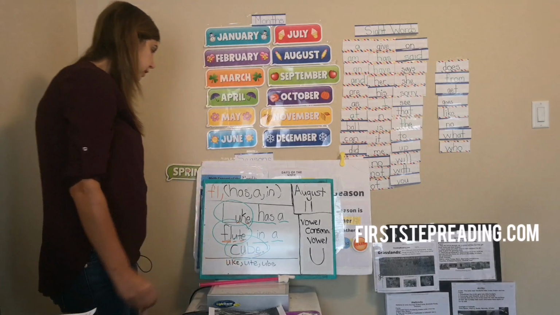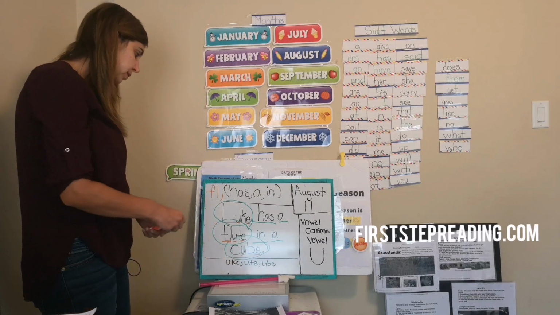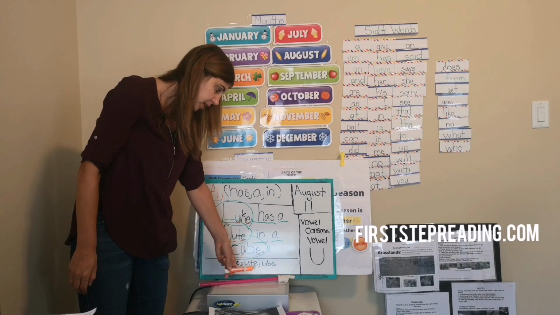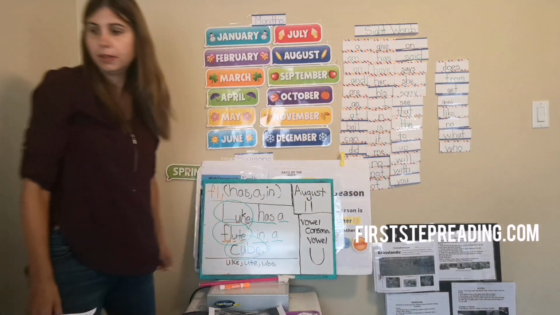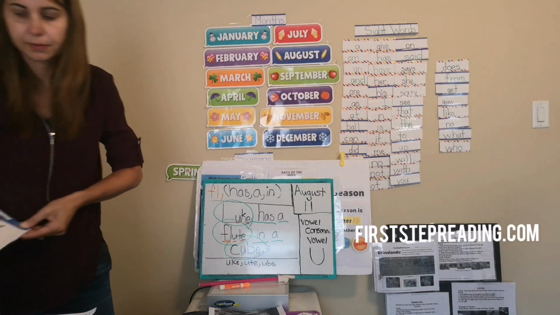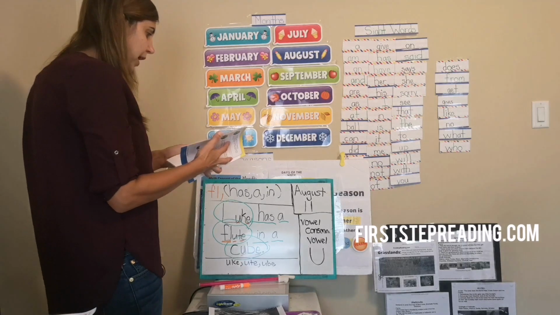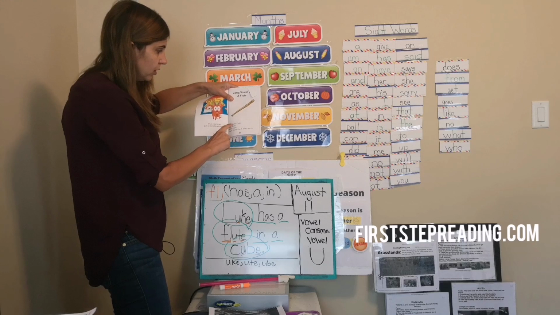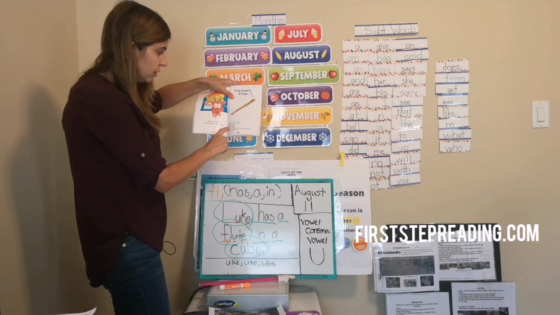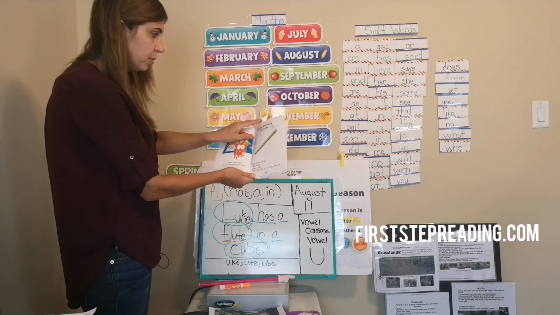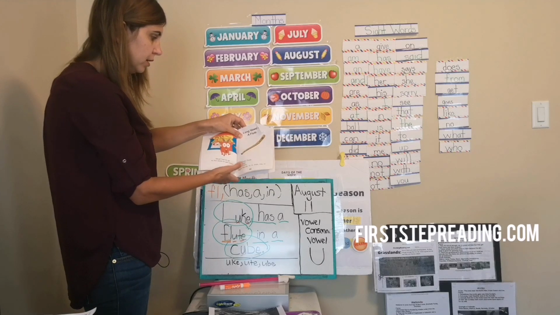Okay? Long vowel U. Word families U-K-E, U-T-E, and U-B-E. I'll show you the book. I'll show you where we're at. We're here. U-T-E, U-L-E, and U-B-E. Same word families, okay?